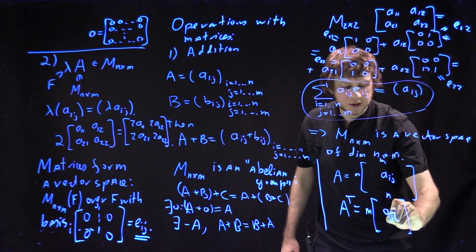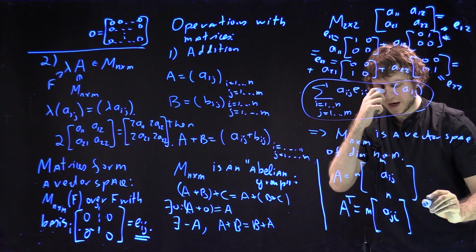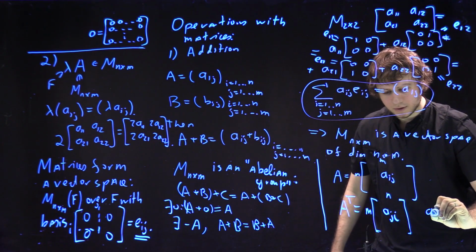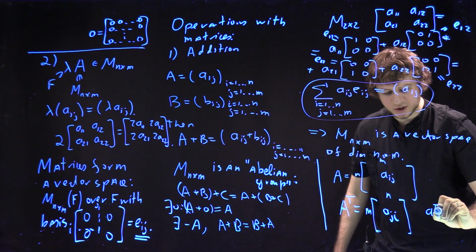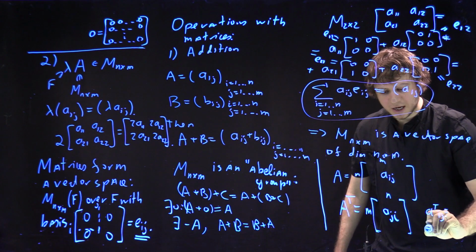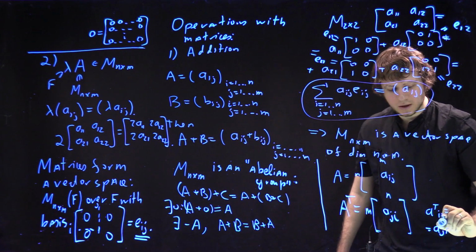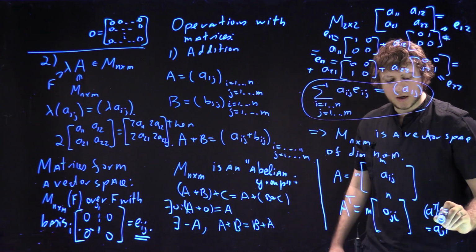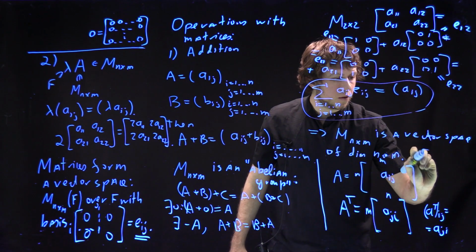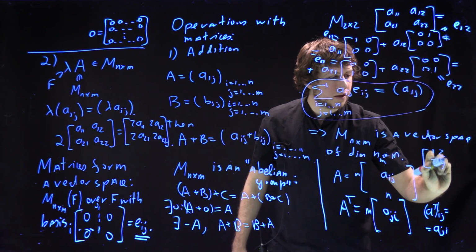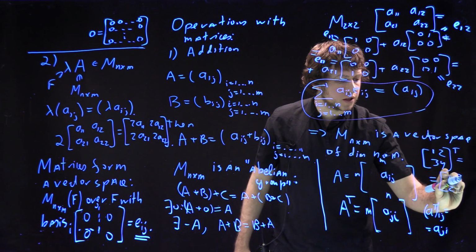The definition is that you take your matrix and just flip it. So the ij term of A transposed is Aji. For instance, if you take a matrix 1, 2, 3, 4 and transpose it, you get the matrix 1, 3, 2, 4.